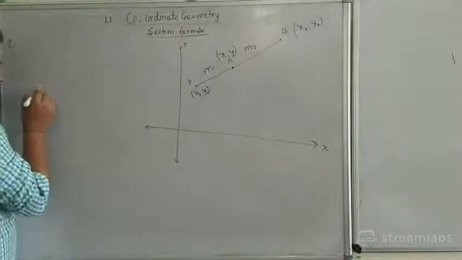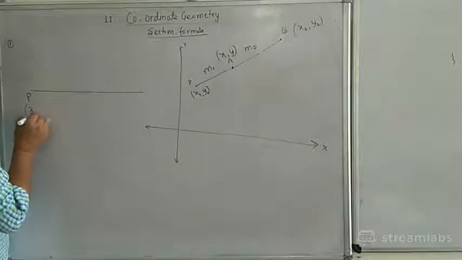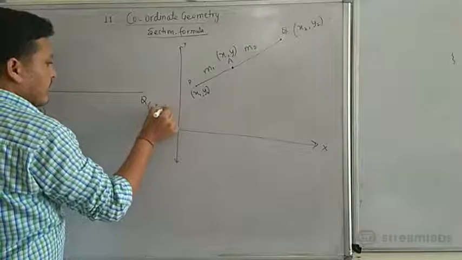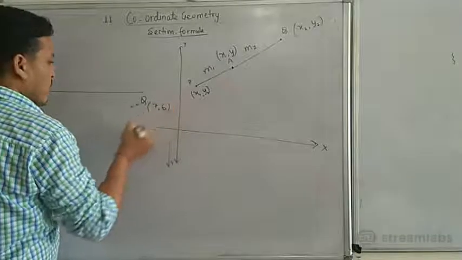Let's take one more example. Suppose a point P has coordinate 3, 4. Another point Q has coordinate 7, 6.